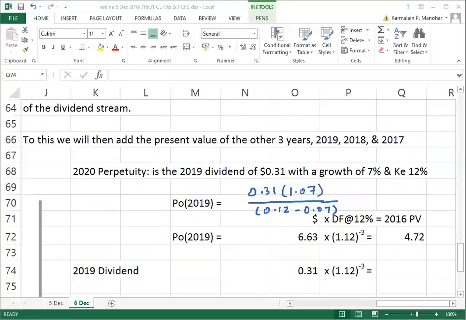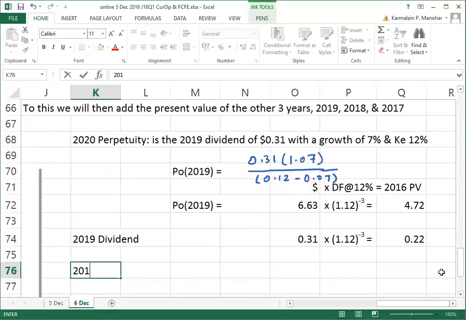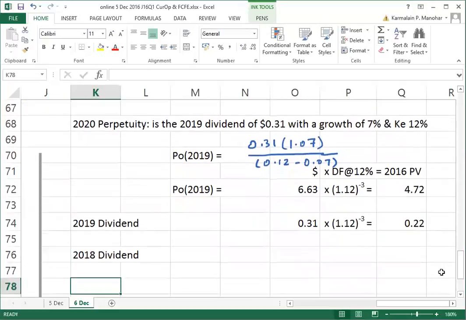Come on, discount my 31 cents. 0.22. Again, I don't have these individual answers. We'll see only when the final thing lines up. If we are right, which we should be, seems fairly straightforward. The 2019 dividend done, 2018 dividend now. We have to pause because we have to start with the 2017 dividend.